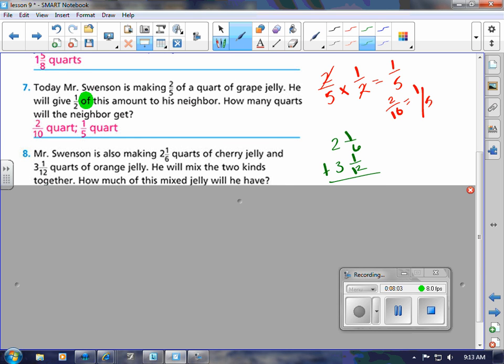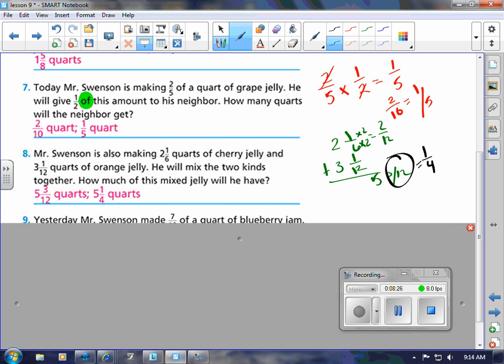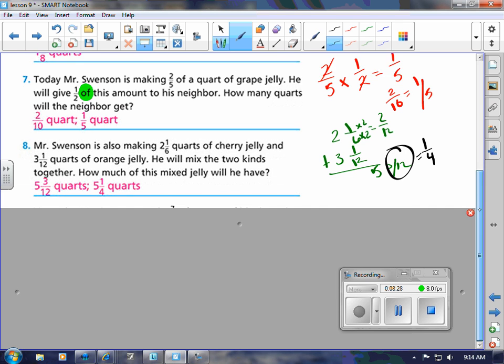Find that common denominator by multiplying 6 times 2 and 1 times 2, which gives me 2/12. So now I can add 2/12 plus 1/12, which is 3/12, and 2 plus 3 is 5. So he's going to have 5 3/12. Hopefully you noticed right away 3/12 I can simplify or reduce to 1/4. So 5 1/4. Okay, simplify it out.